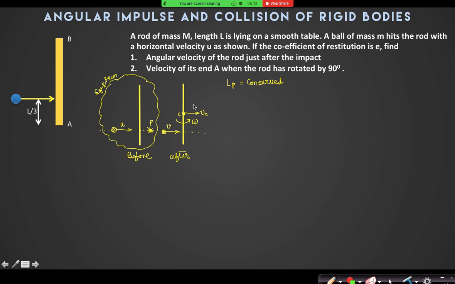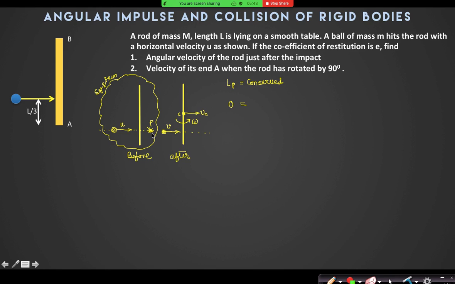Can you tell me what is the initial angular momentum of the system about point P? Zero, because the particle was moving along this point P, so the momentum vector passes through point P. The rod was at rest. After collision, what will be the angular momentum of the same system about the same point P?